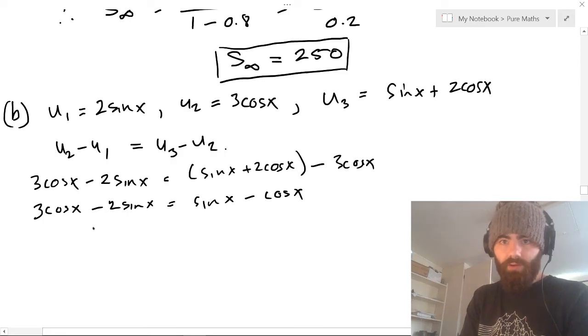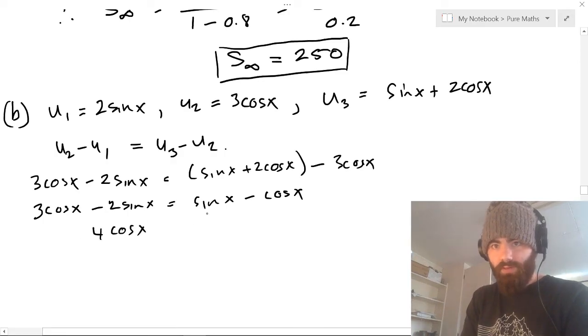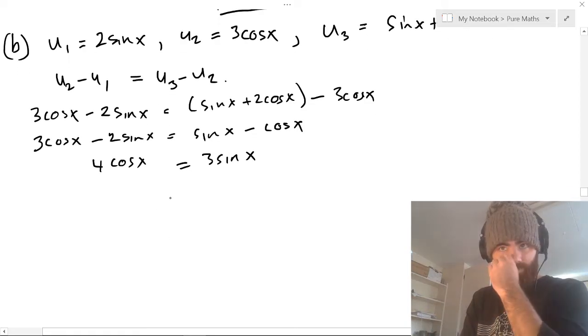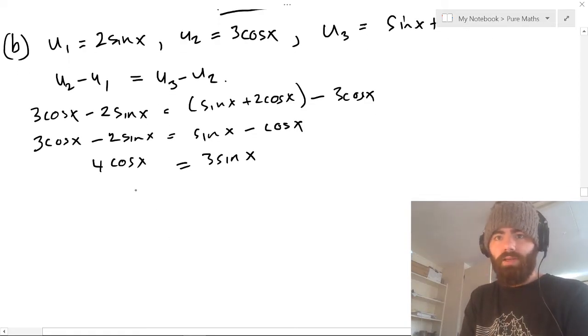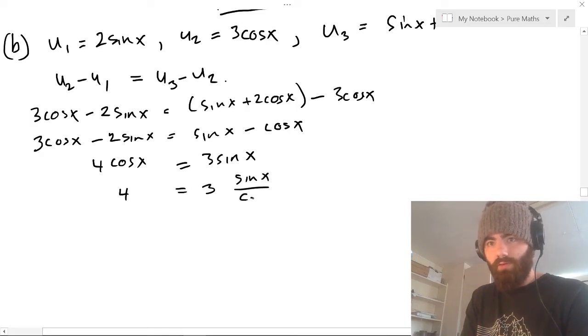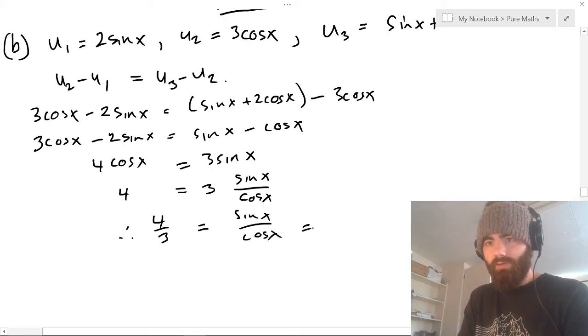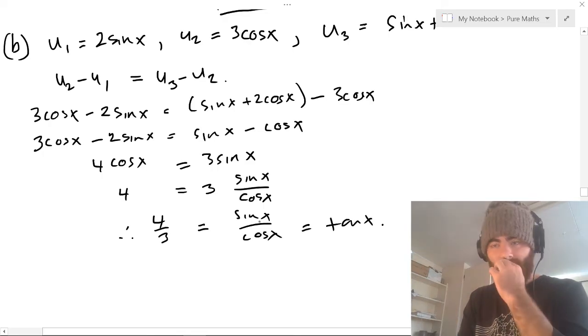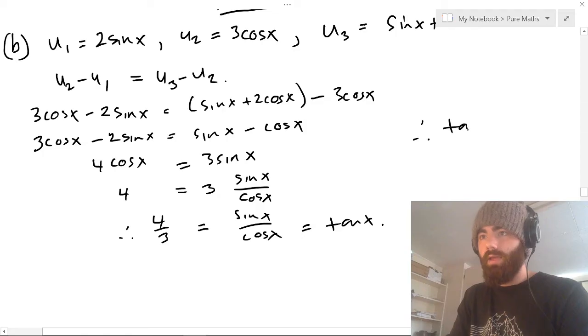Then we take this over, we get a 4 cos of x, and we take this over, we get a 3 sin of x. So you can see that 4 equals 3 sin of x over cos of x. Therefore 4/3 equals sin of x over cos of x, which equals tan of x. So we've shown that tan of x equals 4/3.